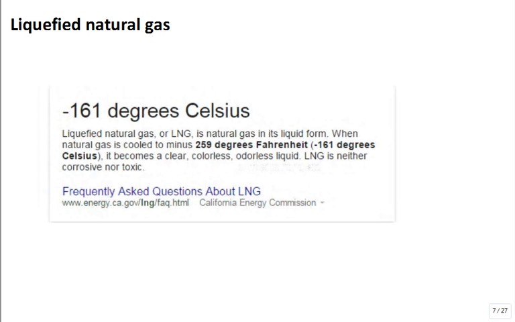Let's talk a little bit about liquefied natural gas. LNG is the acronym. This is common, and I think you'll see more of it in your lifetime if you work in the energy sector in Texas. Natural gas, which is CH4, they would like to be pure CH4, but it's hard to get anything pure, but predominantly methane, CH4, can be liquefied.